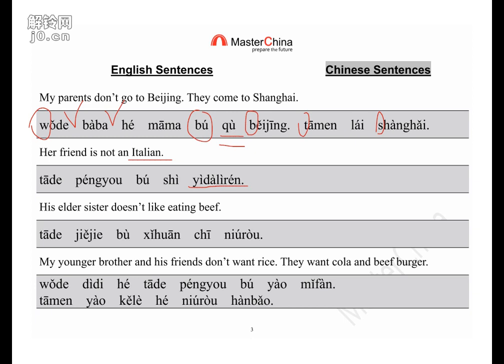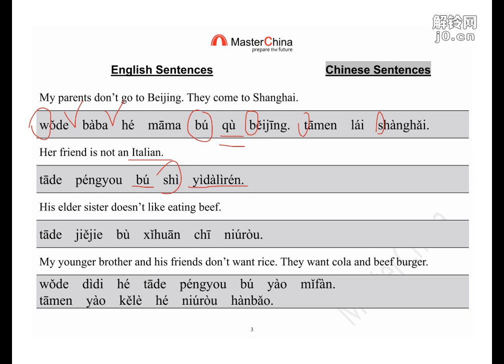They should stay together. And also, 不, again, this is the fourth tone here. So before it, we change the tone. Anyway, the 不 goes before the 是, because I want to deny is an Italian. So that's why we put 不 before 是.